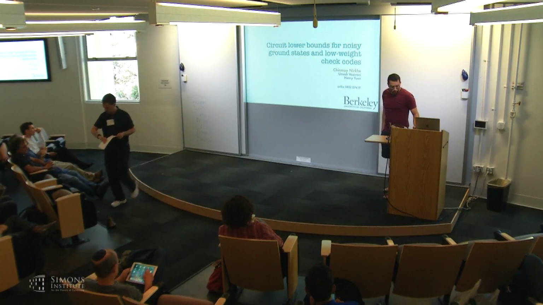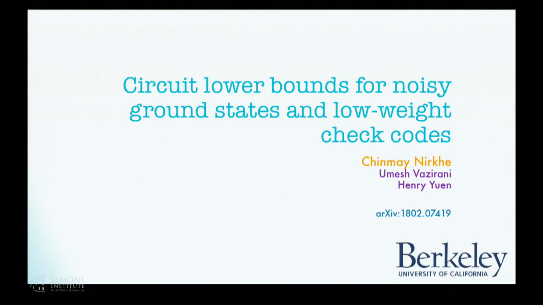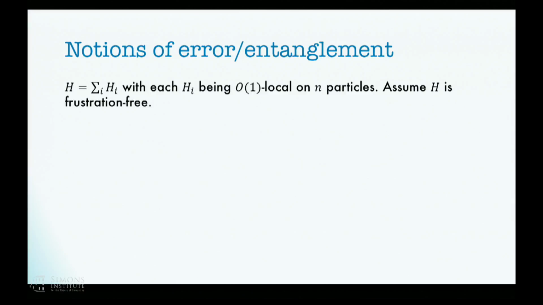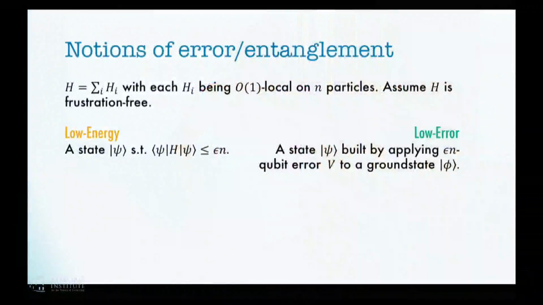Okay, hi. I'm going to talk about some joint work with Umesh and Henry on some circuit lower bounds and some error correcting codes. So let's start off with two different notions of error and entanglement, and let's see how they're similar. Consider a local Hamiltonian, and let's say it's frustration-free for a second.